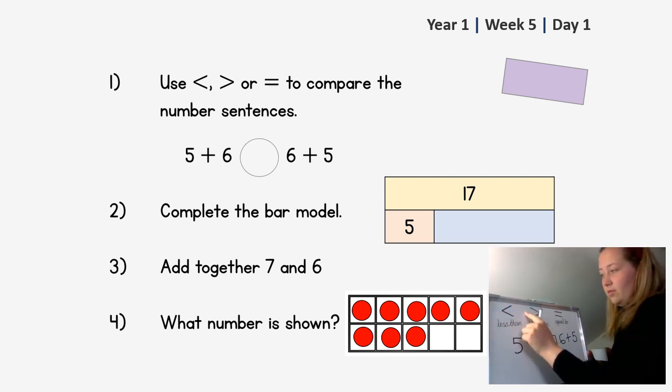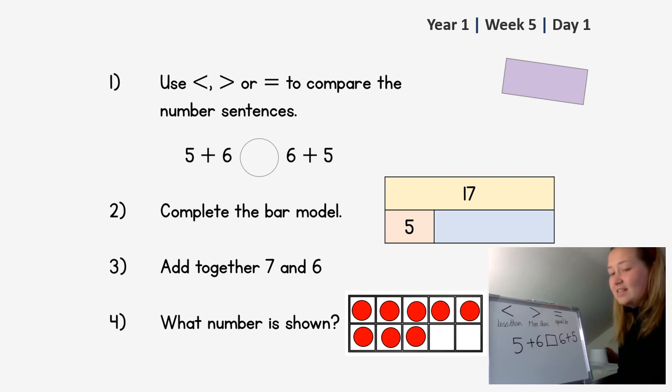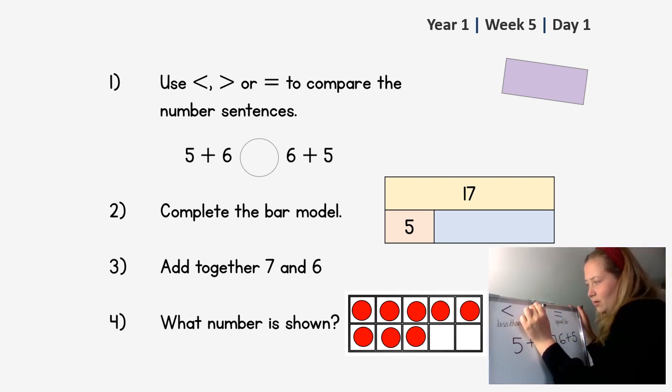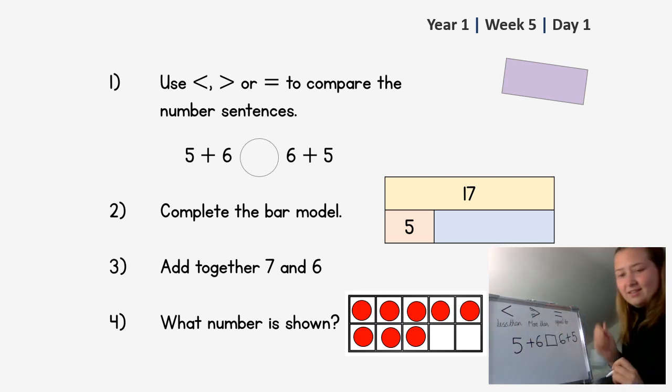More than. This number is going to be more than this number. Equal to. And it's my equal sign, which means the same as. Now, remember, the alligator always wants to eat the biggest number. That's how you can remember which side. So please remember that when you're doing yours.